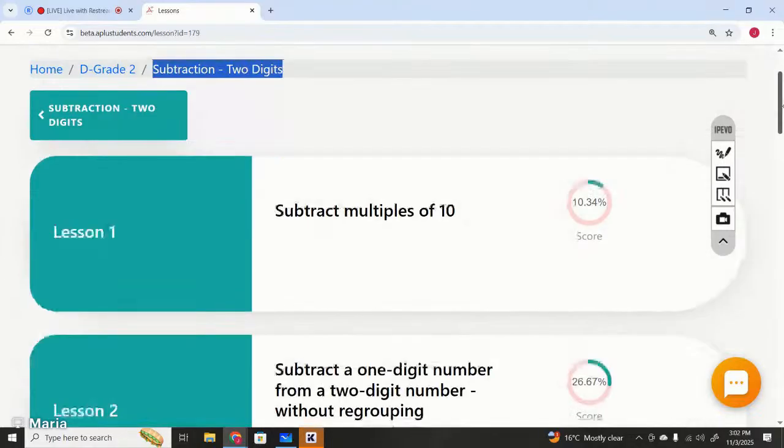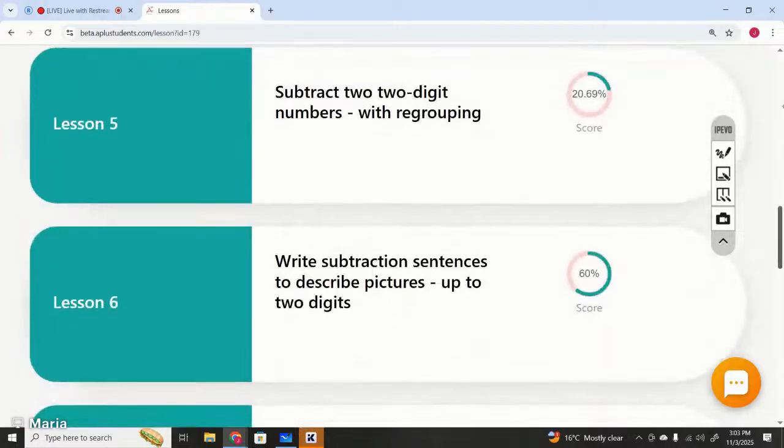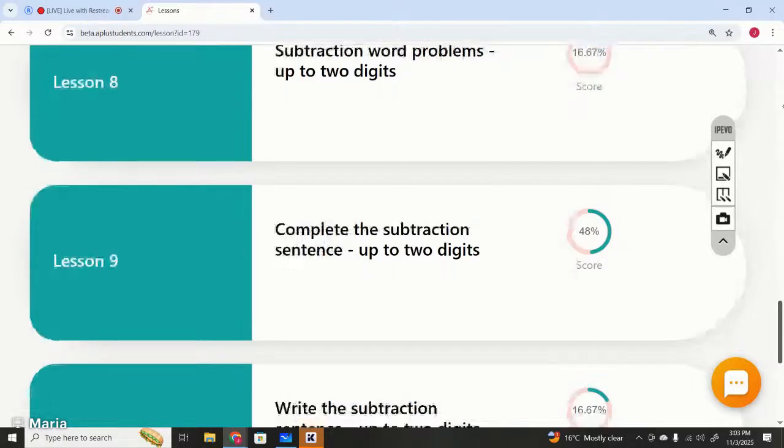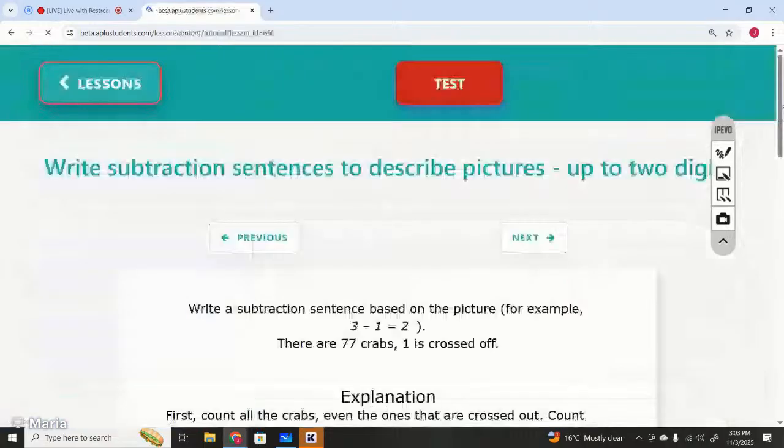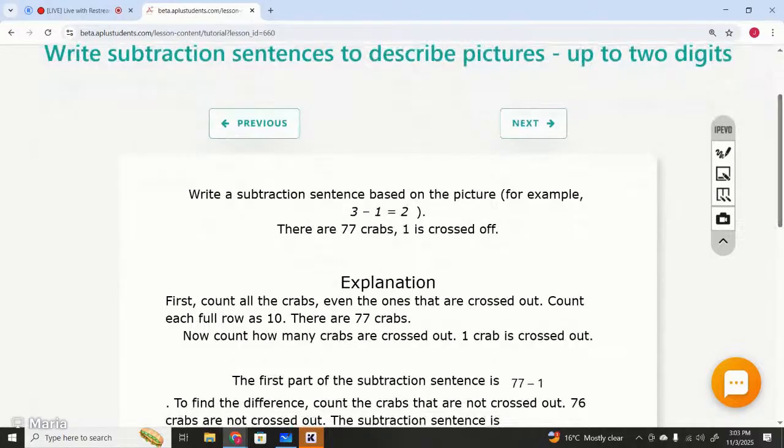So here I'm on the chapter subtraction two digits, and the lesson is write subtraction sentences to describe pictures up to two digits.